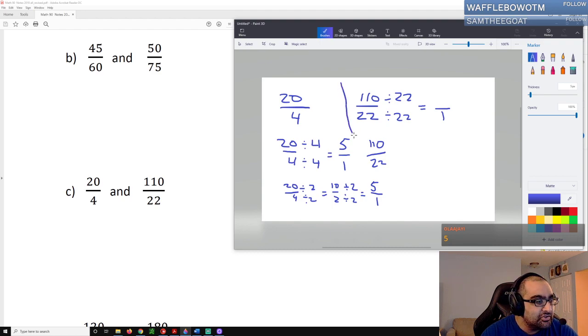All right, the answer is indeed 5. That is true. So we do have 5 over 1 and 5 over 1. This checks out. That means that they're equal to each other.